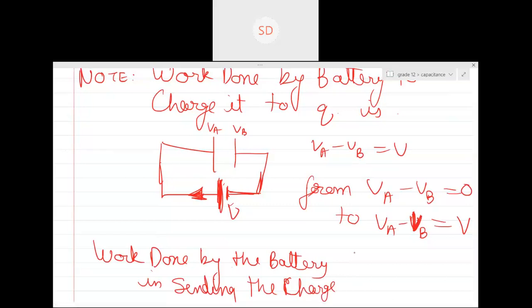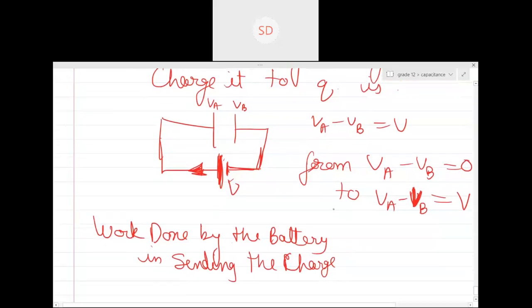But that work done by the battery has two different parts. The work done by the battery to send the charge is somewhat different from the work done to charge that capacitor. That implies that whatever work the battery is doing in sending the charge, it is utilizing in two different things. Some portion of it is being utilized in charging the capacitor, and another part of it is lost in the form of heat.